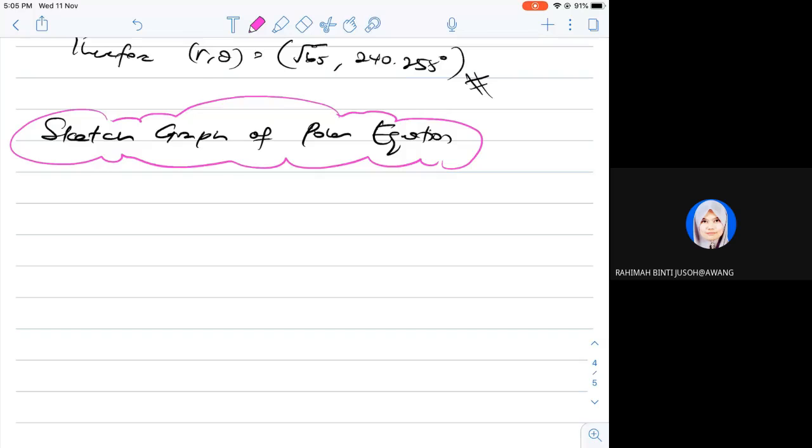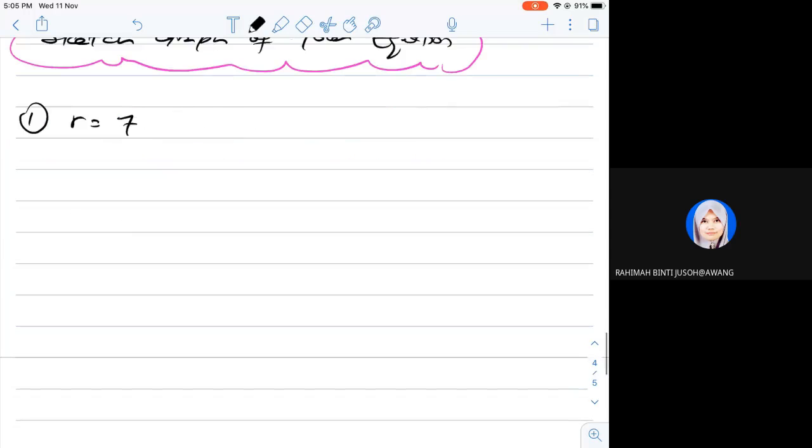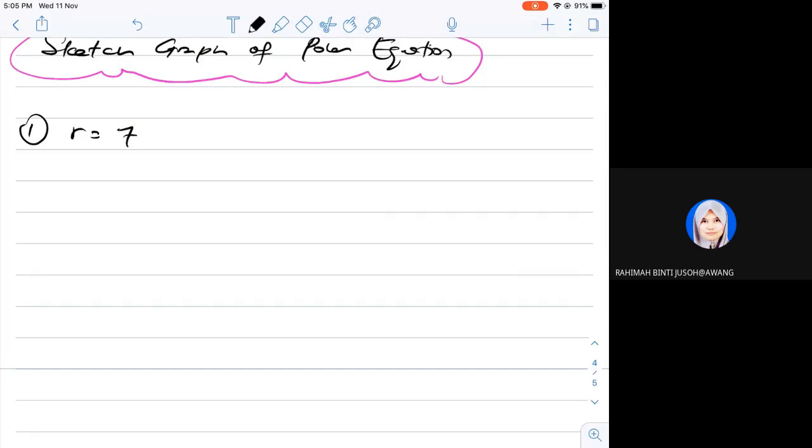Number 1, we have r equals, let's say, 7. So this is what? r equals 7. What shape is this? Circle, yes. So we have a circle with radius 7.